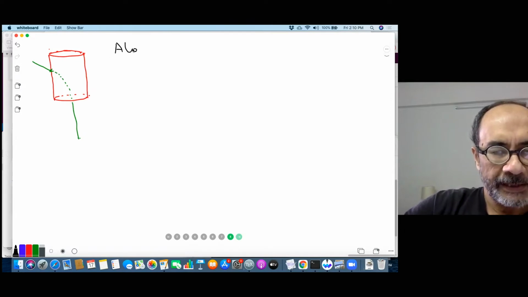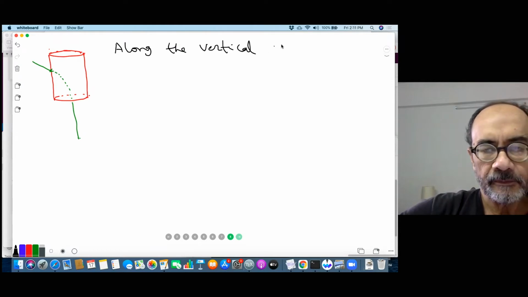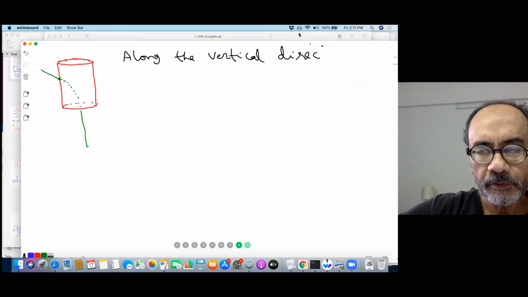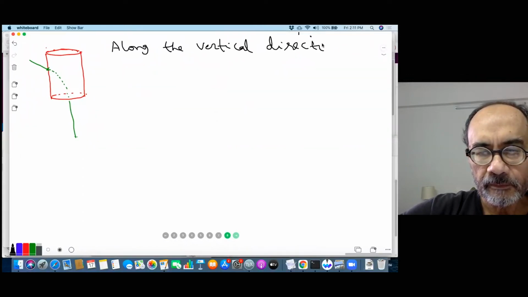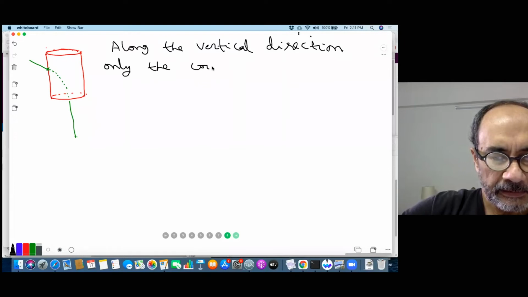That along the vertical direction, only the coordinate y alpha of a PCO varies.